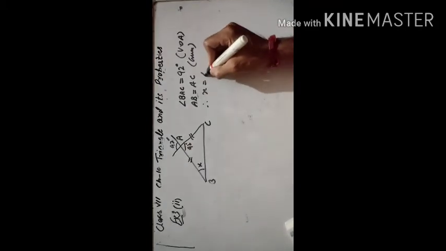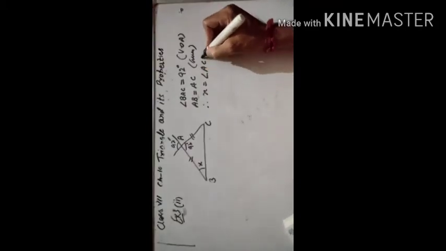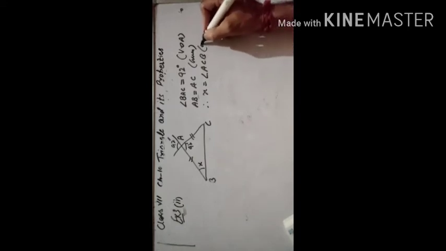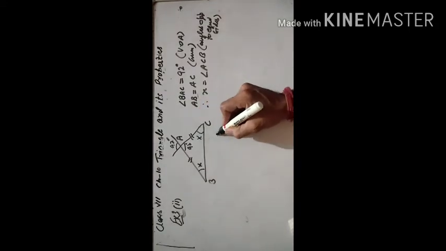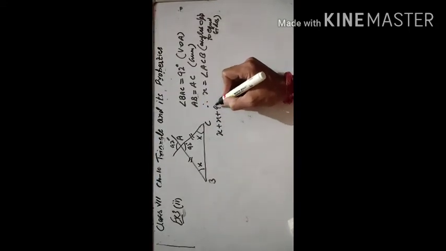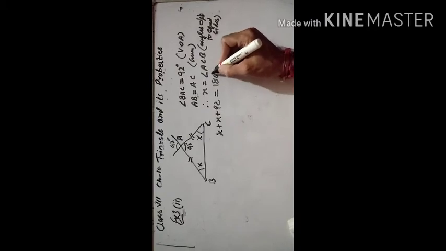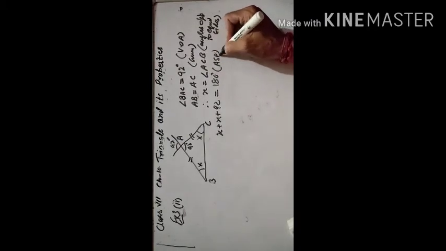given. Therefore x is equal to angle ACB, angles opposite to equal sides. Now this is also x. Now x plus x plus 92 is equal to 180 degree, angle sum property.